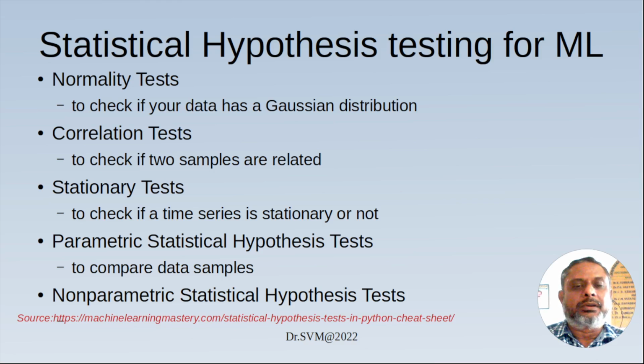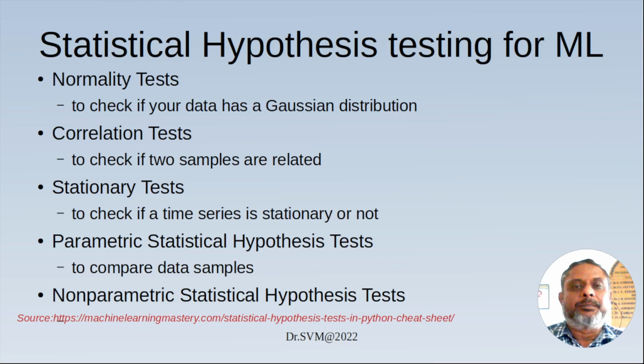Then we have parametric statistical hypothesis tests, used to compare data samples. Here the comparison is done through parameters of the distribution, and we have another set called the non-parametric statistical hypothesis tests.